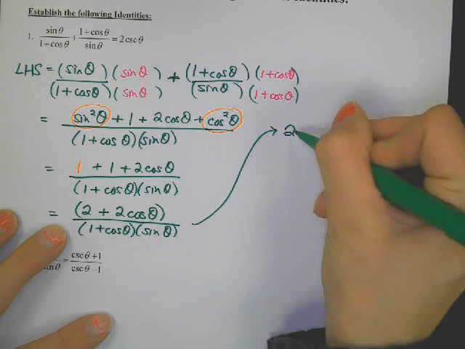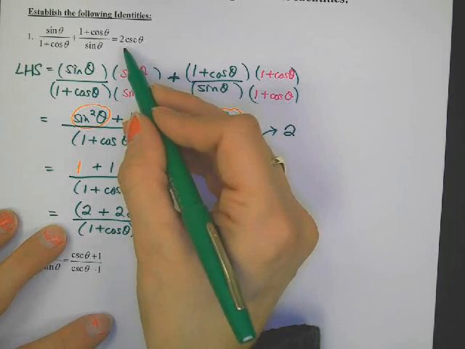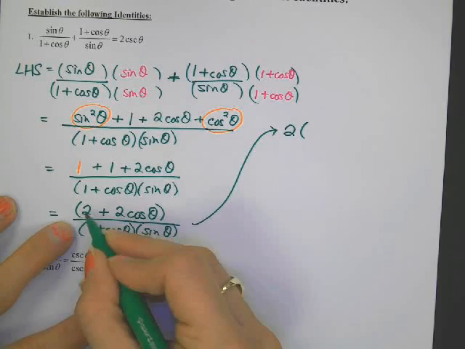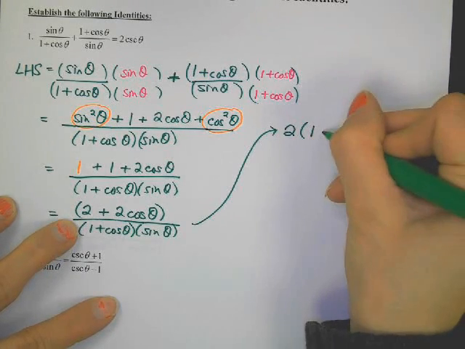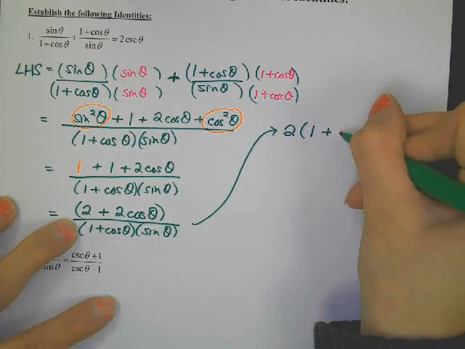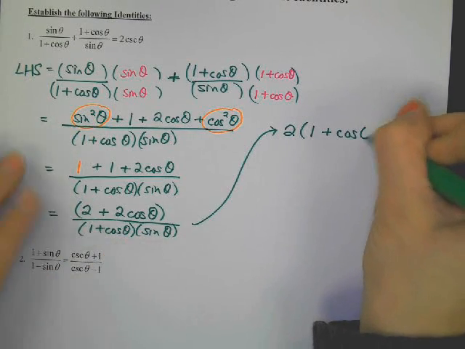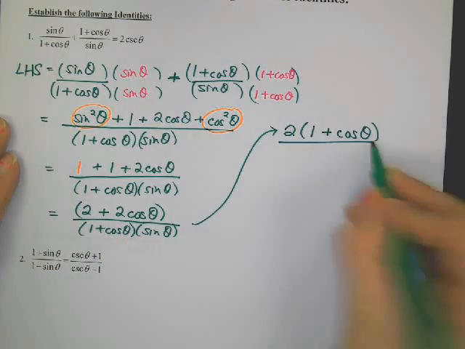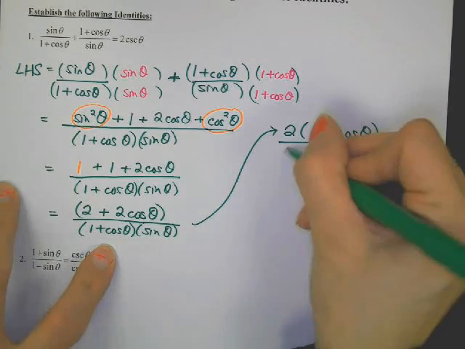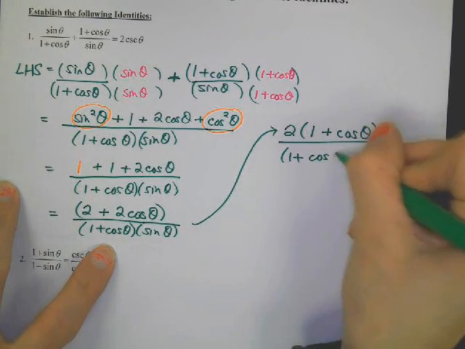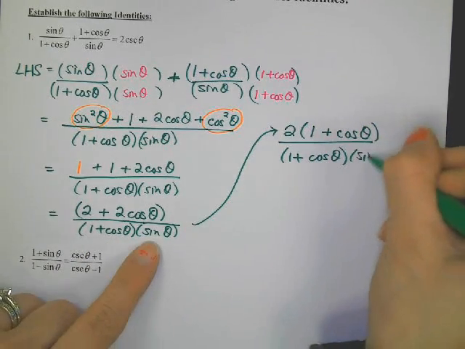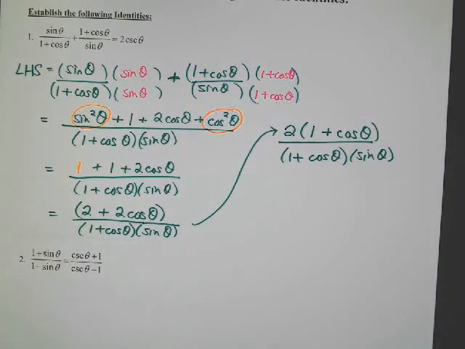Let's factor out a 2. Well, that's not bad. I do want a 2 eventually. I like that. That leaves us with 1 plus cosine of theta. Is anyone getting excited now? We're near the end for sure. 1 plus cosine of theta times sine of theta.